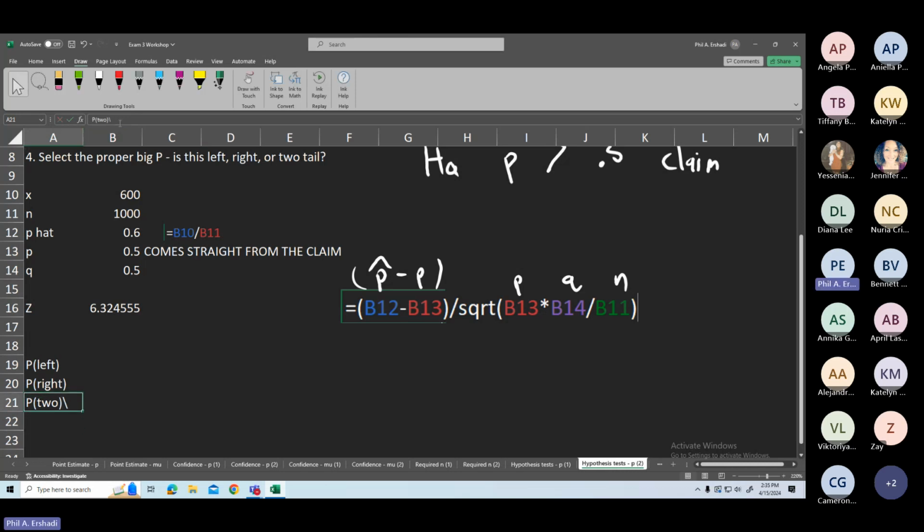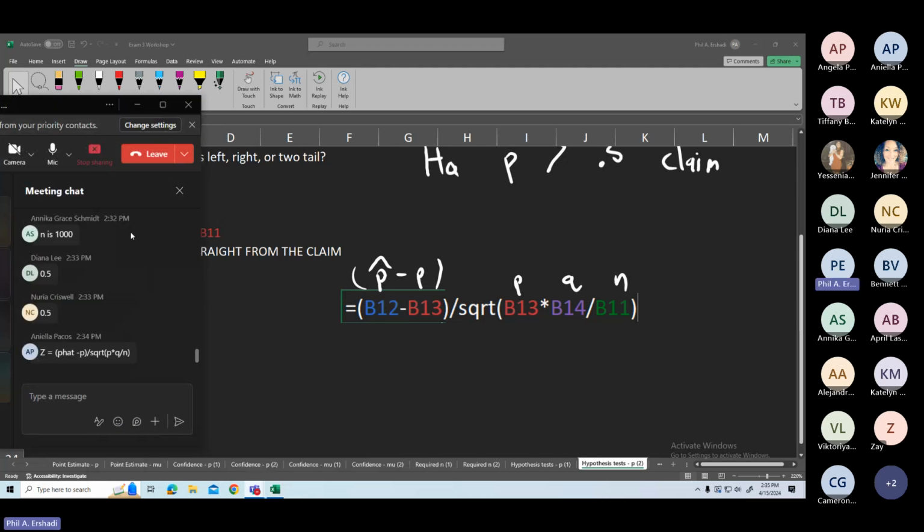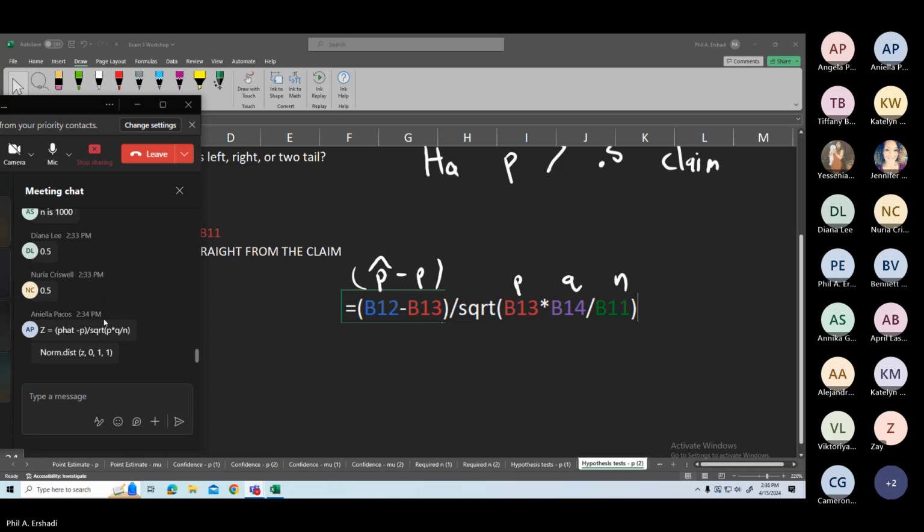So when you are doing proportions, who can tell me how we're going to get big P for the left? Any ideas? If you're stuck, I'll get you through this. It's okay. NORM.DIST(Z,0,1,1). Yes, that will work. That is one way of doing it.